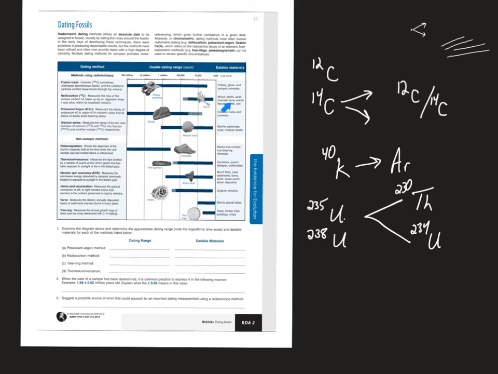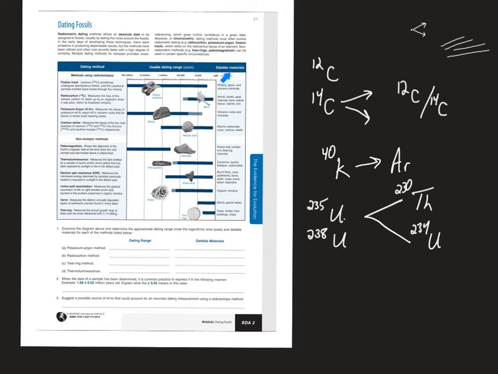Wood, radiocarbon is good for anything with carbon in it, any organic material, any wood, bones, any animal tissue, anything that comes from living material. Fission tracking is good for pottery and glass and volcanic minerals.